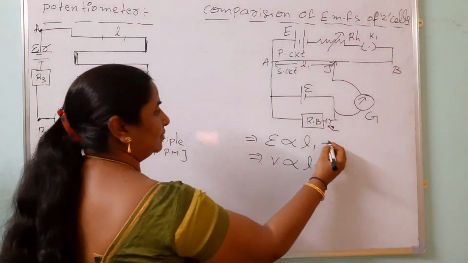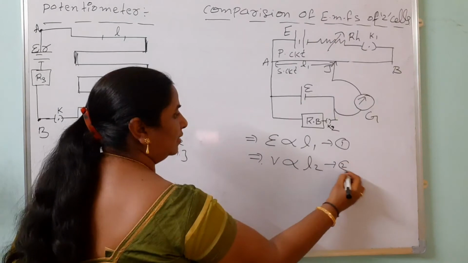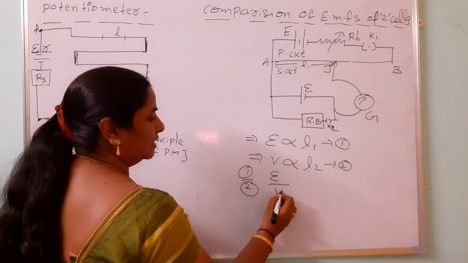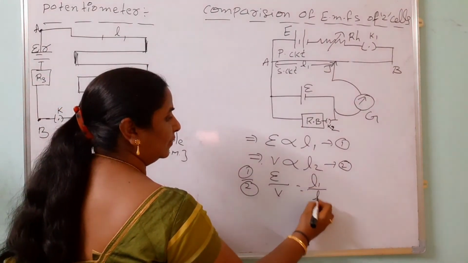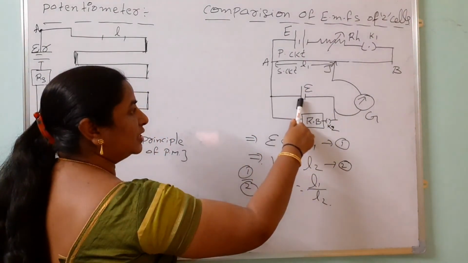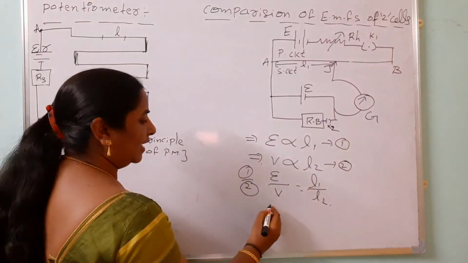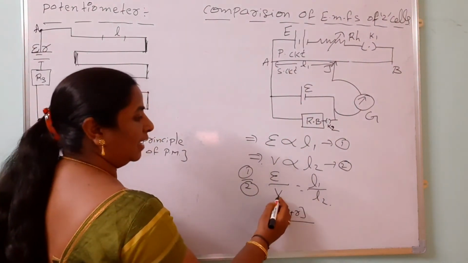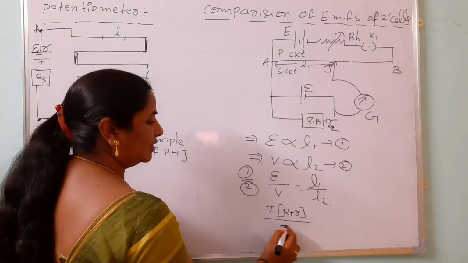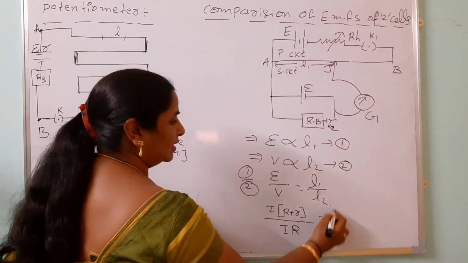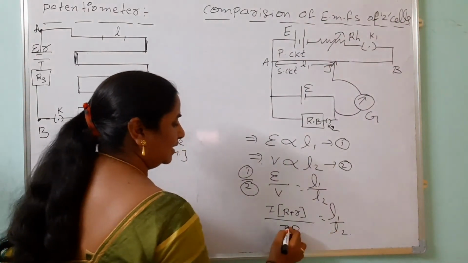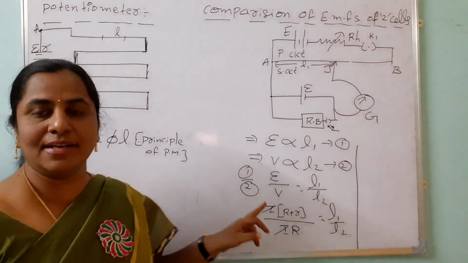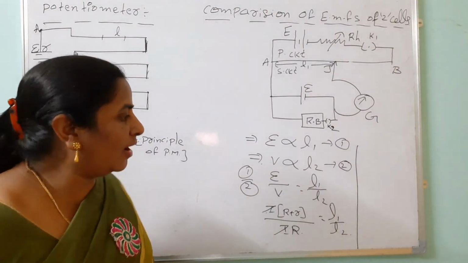Now we take equation 1 by 2. So epsilon by V equals L1 by L2. Here the current is flowing, so epsilon is I into R plus r. From Ohm's law, V equals IR, so this equals L1 by L2. The I cancels, but our aim is to find the internal resistance of the cell, so small r we should find.